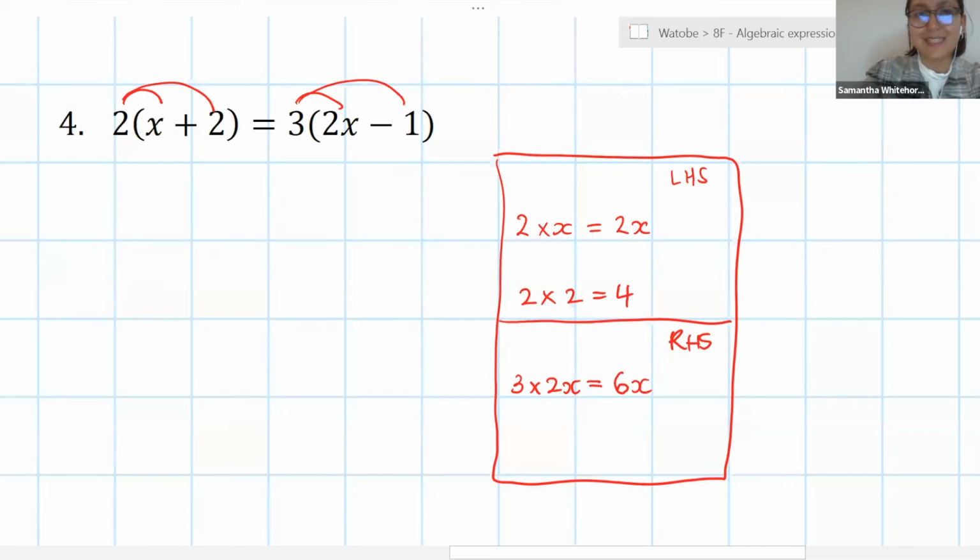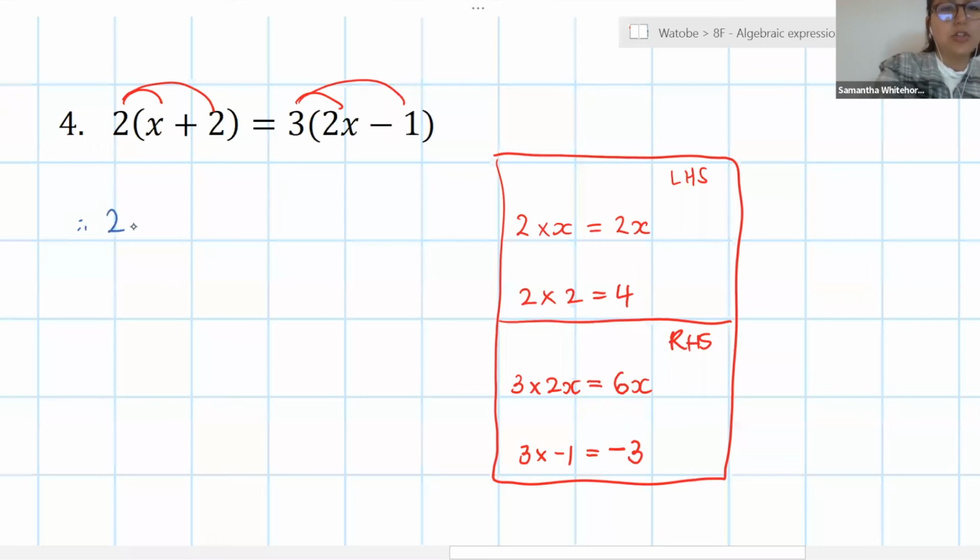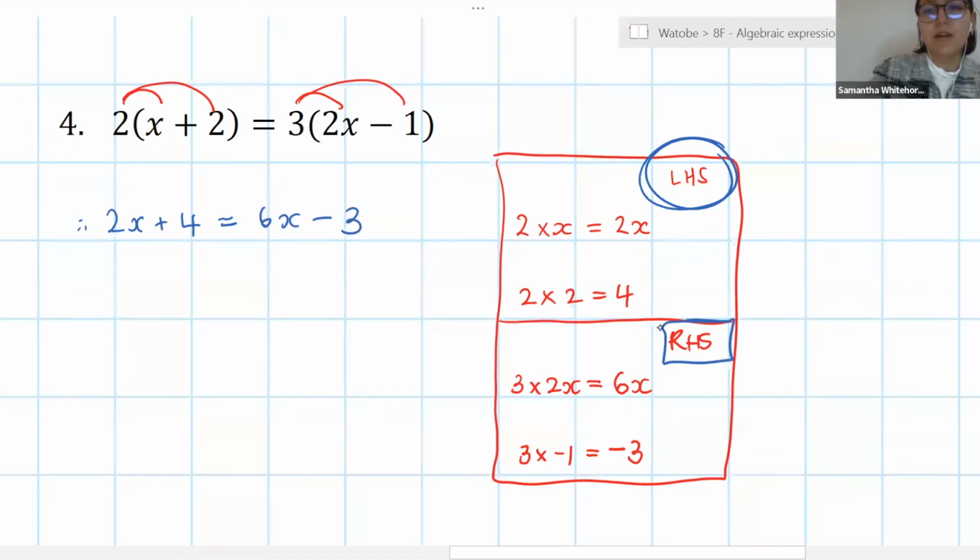So we have 6x. And then I've got 3 times -1, which is -3. Okay, so if I write that all out in the form of my equation, I've got 2x plus 4, that's from my left-hand side, is equal to 6x minus 3. And remember, that's now from my right-hand side multiplication.